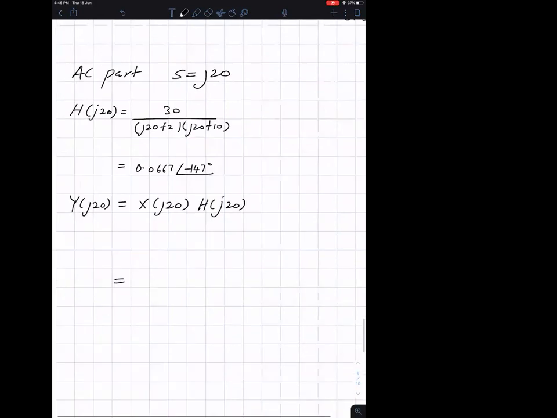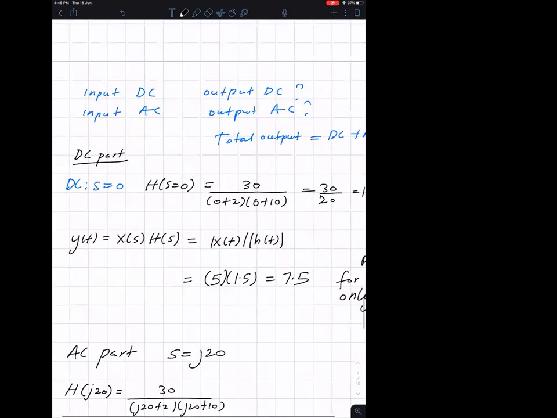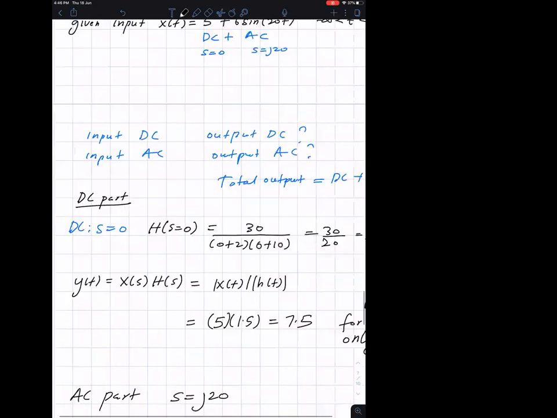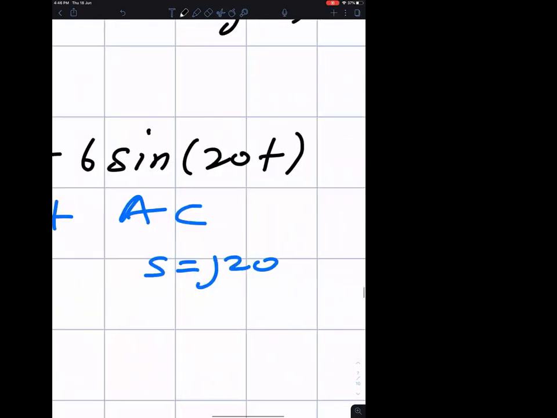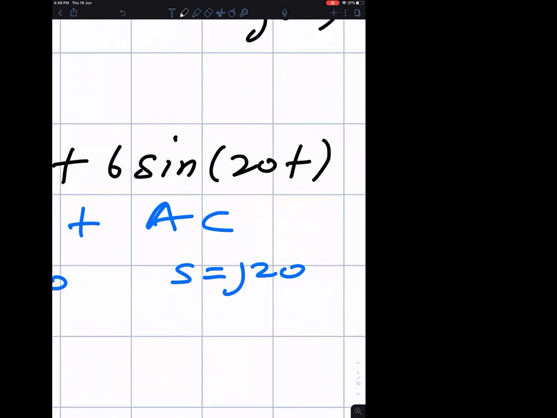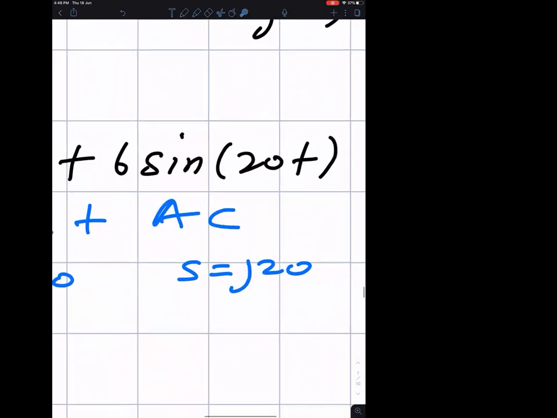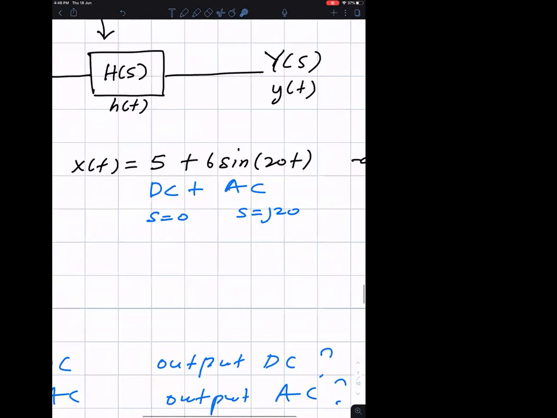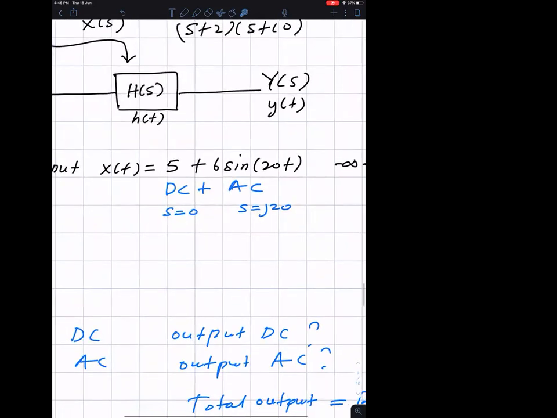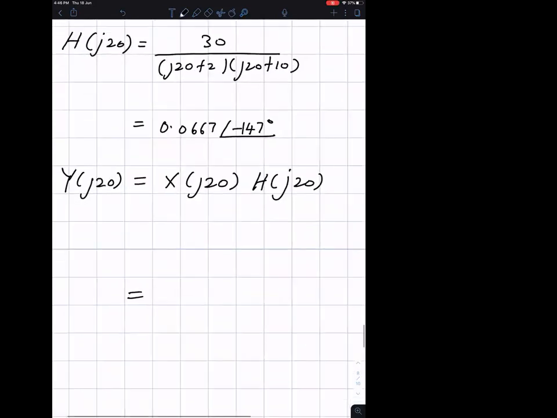You look, our input is given here. There's no phase shift for the input. Amplitude is 6, but 0 phase shift.